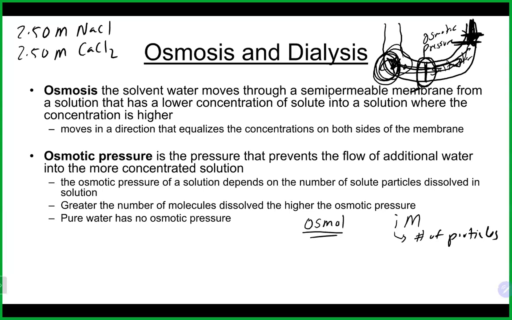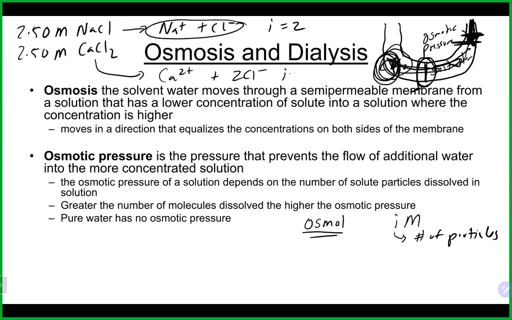But in the case of sodium chloride, it will break apart into a sodium ion and a chloride ion. And for every one of those, we basically get 2 particles, which means the i value here would be 2. When we have calcium chloride and it goes for a swim, you'll get a calcium ion and 2 chloride ions, which is a total of 3 particles in that solution, which means the i value here would be 3.